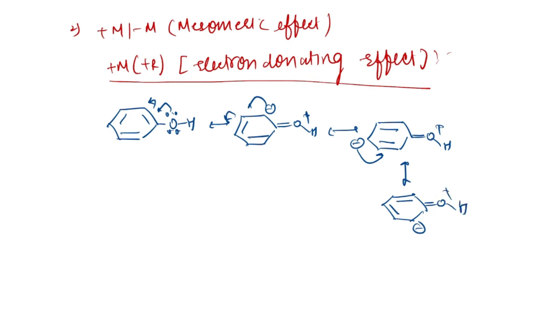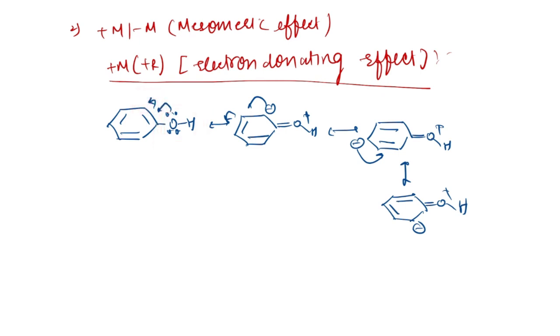Now the negative charge of resonance shifts in these three directions. What is actually happening? If I talk about this particular group, it is donating electron to the phenol, the benzene ring, right?